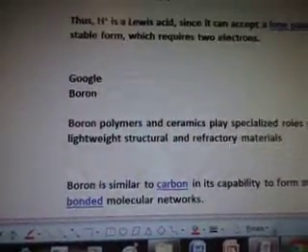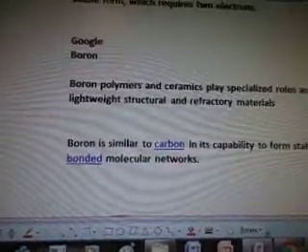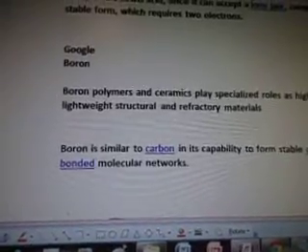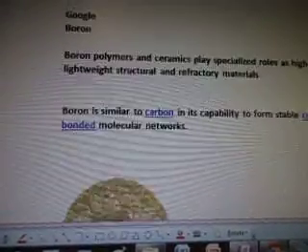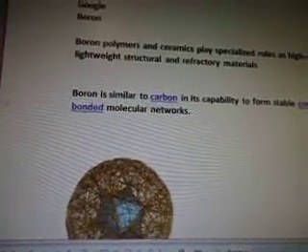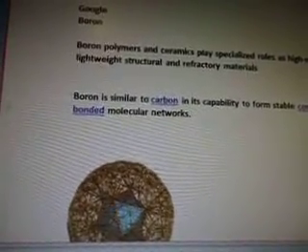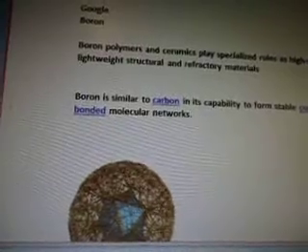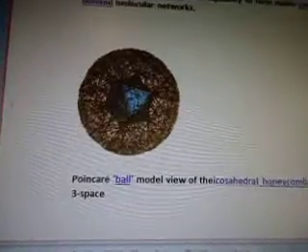So I'm going to Google boron. Boron polymers in ceramics play specialized roles as high-strength, lightweight, structural, and refractory materials. Boron is similar to carbon in its capability to form stable, covalently bonded molecular networks. These were the keywords that I found while looking through the boron.